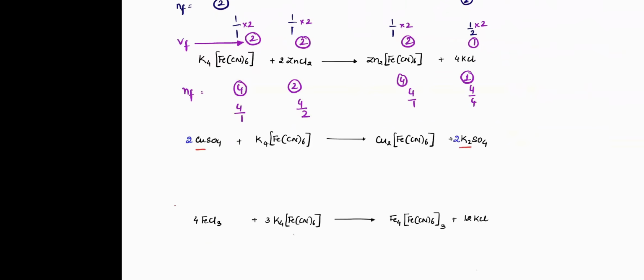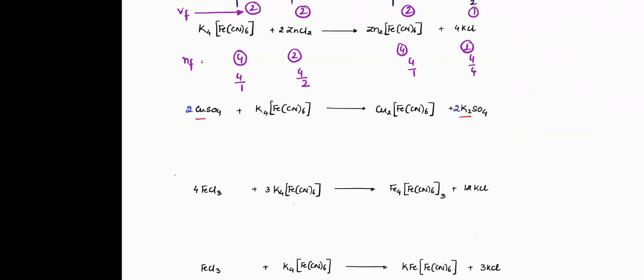Clear? Copper sulfate is a known salt here. Copper has plus 2 charge, sulfate has minus 2 charge. So that clearly gives us the evidence that the valency factor should be 2. But notice this.